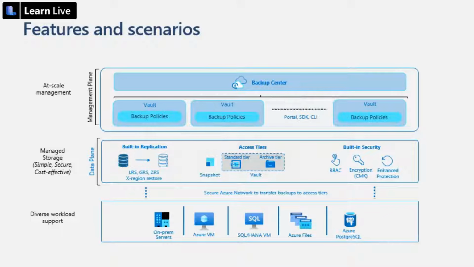In SCDPM, you can have a short-term replica of the backup on disk, and you can offload the long-term retention to the Azure Recovery Services vault. We'll talk more about the Recovery Services vault, but that's an entity you will hear a lot about in this presentation.